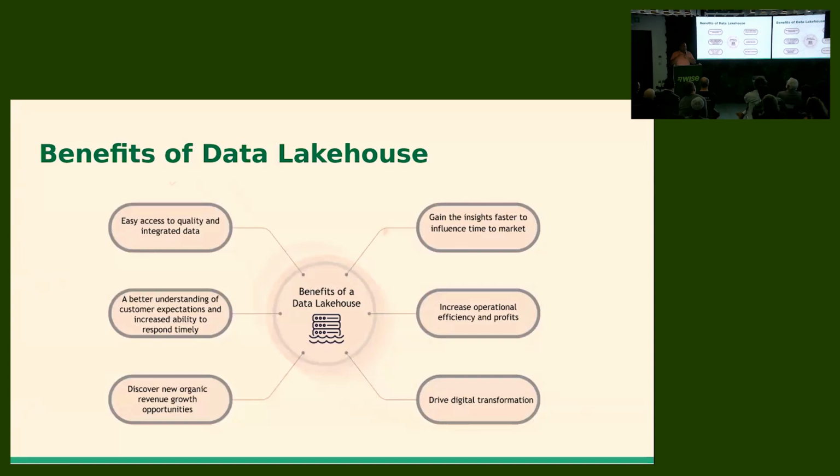Because of that, you now have, for the first time, the best of both worlds, right? You have cheap storage thanks to cloud, you have the separation of storage and compute, and then you also have ACID. Essentially, in my opinion, it takes away the need for data warehouses, largely speaking.